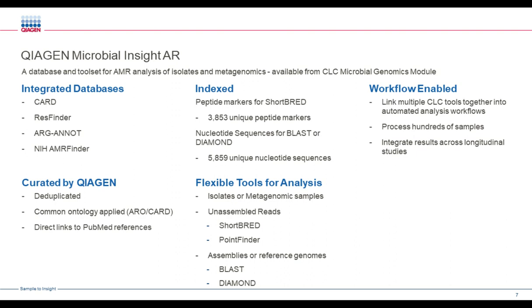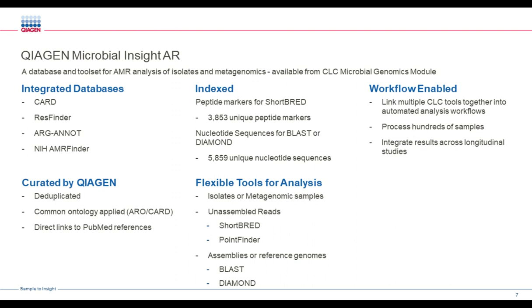Currently, the QMI AR database includes a little more than 3,800 unique peptide markers for analysis of shotgun metagenomic samples, as well as over 5,800 unique gene sequences for use with BLAST or DIAMOND to detect the presence of antimicrobial resistance genes in assemblies from metagenomics or isolates.